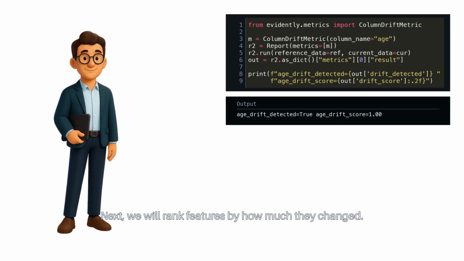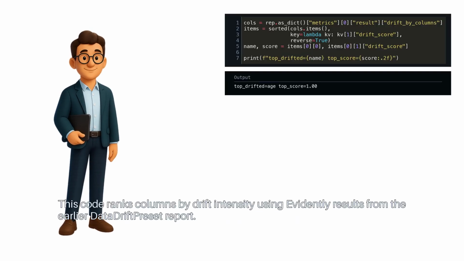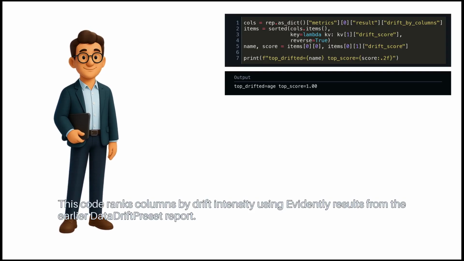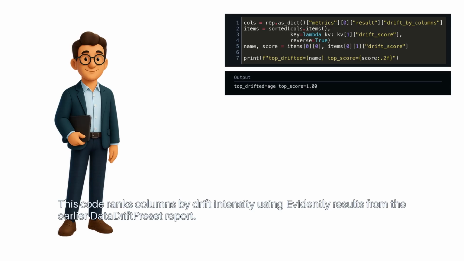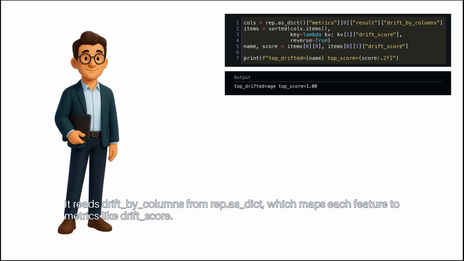Next, we will rank features by how much they changed. This code ranks columns by drift intensity using Evidently results from the earlier DataDriftPreset report. It reads drift by columns from rep.as_dict, which maps each feature to metrics like drift score.